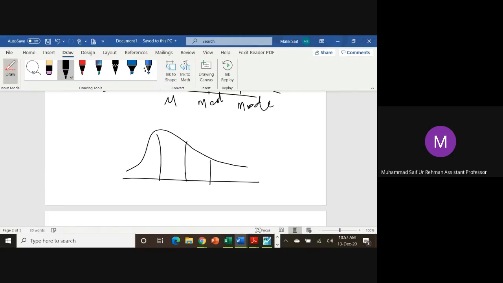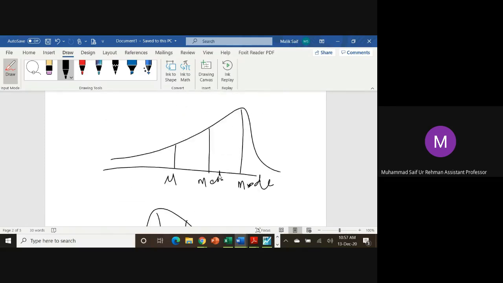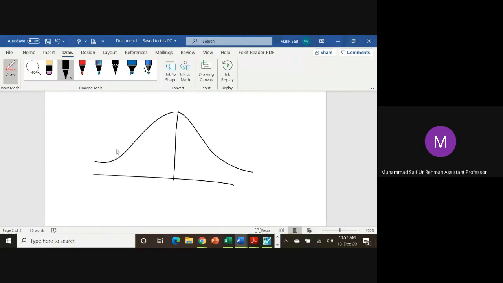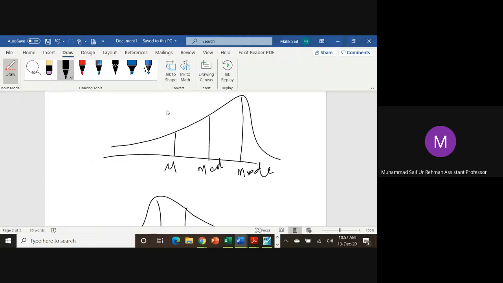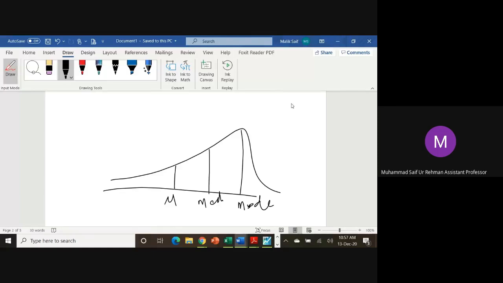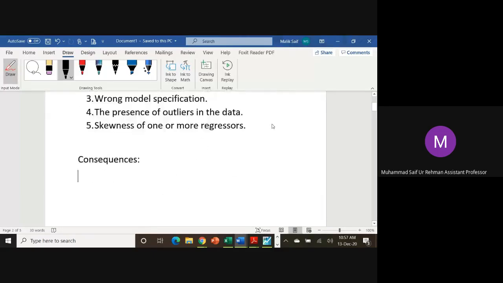In this case, the mean will be to this side, here will be the median, and at this point there will be the mode. So if you draw the distribution and you obtain the normal distribution or something near to it, then you will say that okay, there is no problem. It is quite possible that there isn't any issue of heteroscedasticity. But if this is the case, then there is a possibility of heteroscedasticity in the relationship. Okay, so now consequences. Is it clear?